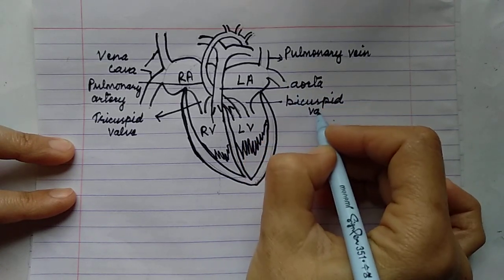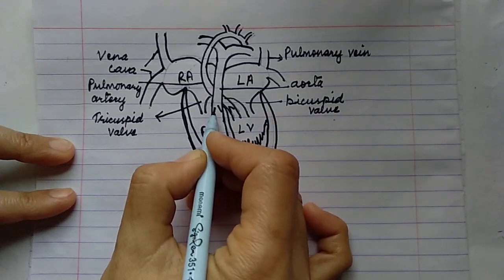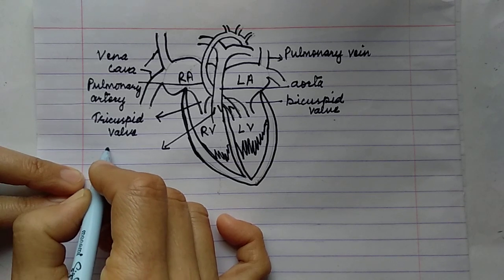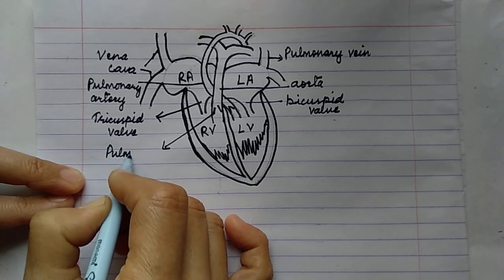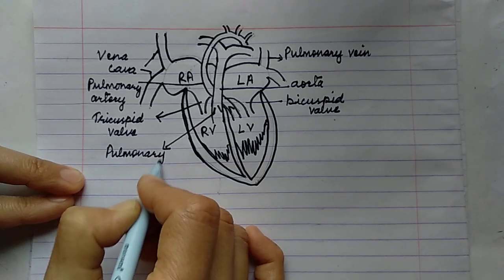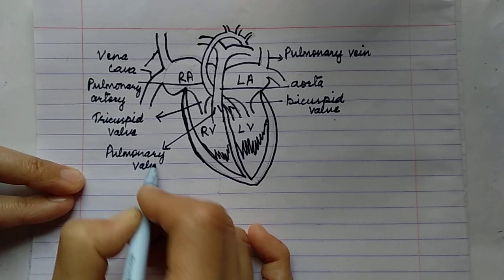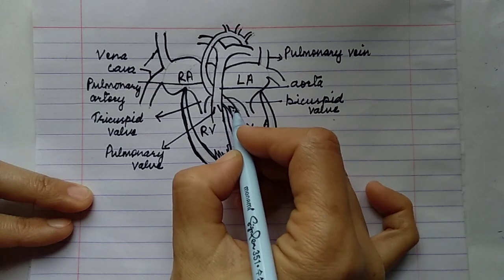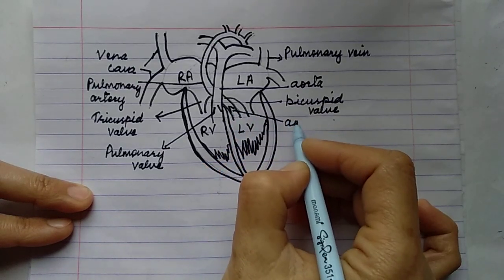Okay, this is pulmonary valve, or pulmonic valve, and this is aortic valve. This one is aortic valve.